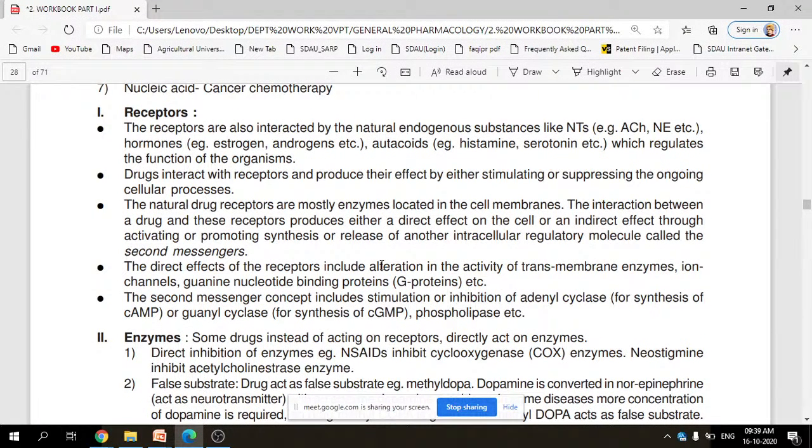So now visible, are you able to see the receptors on the screen? Yes, sir. Ah, so what is this receptor?